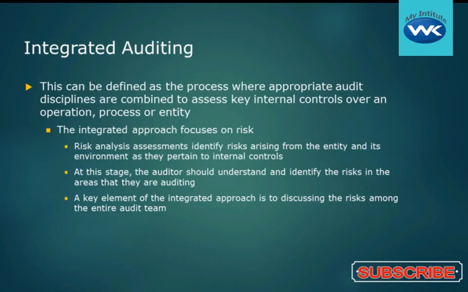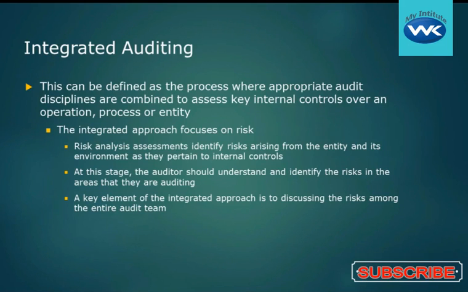Another thing we look at is what's called integrated auditing. Now, this is a process where the different audit disciplines are combined together to assess key internal controls over an operation, a process, or an entity. You could think of it this way, that in today's world with the high reliance on IT, the folks that might be doing a financial audit realize that they need to understand what's happening with the infrastructure controls that are protecting access to their information.